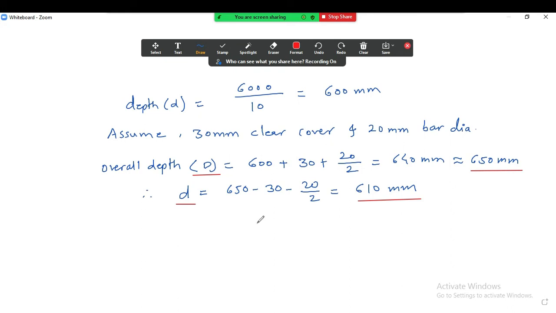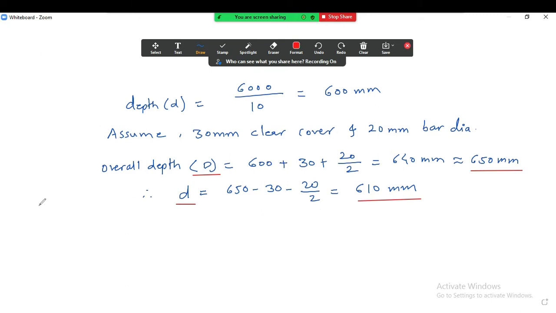Sometimes they only give you the dead load, not the cross sectional dimensions. In that case you need to calculate the self weight of the beam. And sometimes the dead load is not given and they only give you the cross sectional dimension of the beam, so you should take the total dead load from the cross sectional dimension, as I have explained earlier.